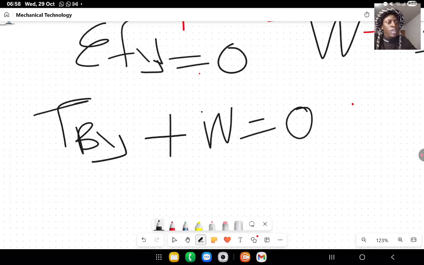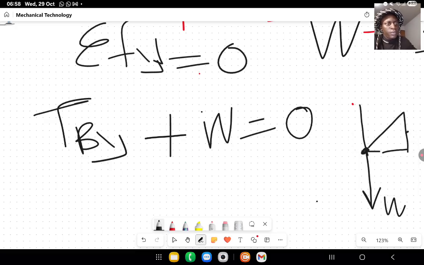Why? Because we have a free body diagram like this. This is our weight. Then we resolve here into two components. This one now is y. Then we are going to focus on that. We are going to erase all of them. We are left with this one.